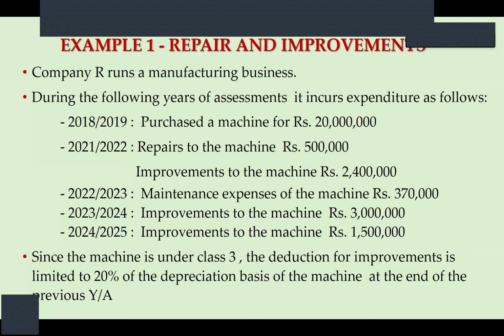This is not an asset classified under class 4 but class 3. So the applicable limited percentage is 20%. Now we have to categorize whether those expenditures are improvement or not. Let's move to the answer.